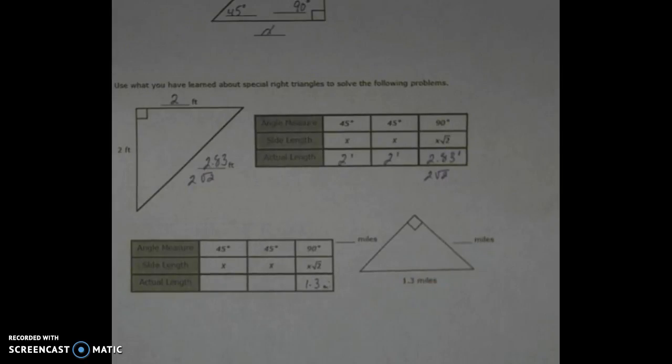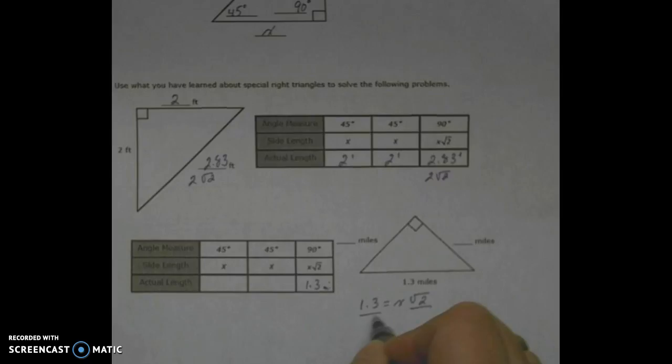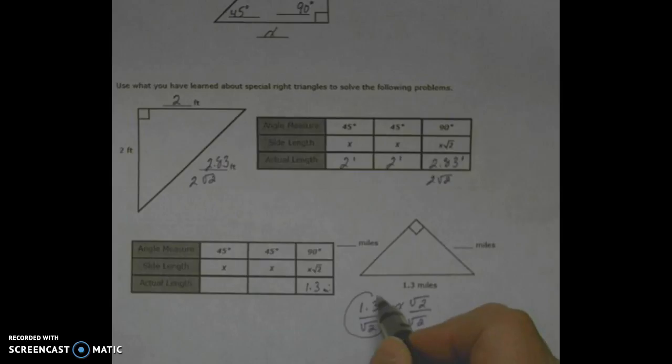But in order to find that missing length, I know that 1.3 is equal to some number x times the square root of 2. To find that missing value, I'm going to divide each side of the equation by the square root of 2. And since I'm looking for a decimal approximation, I'm going to put this value in my calculator.